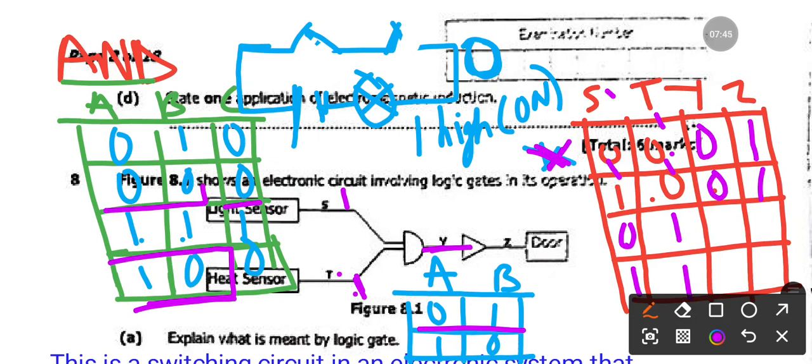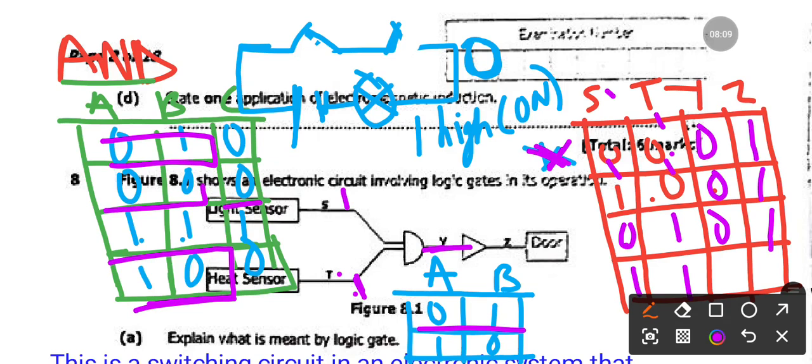Also on this part, if the input at S is 0 and the input at T is 1, then the resulting output at Y would be 0 if you check this part of the truth table of an AND gate. But the NOT gate will act as an inverter, so it would flip this to being 1.